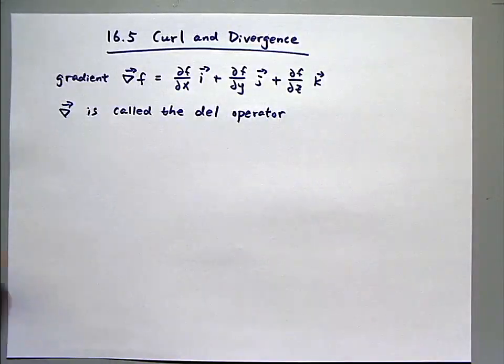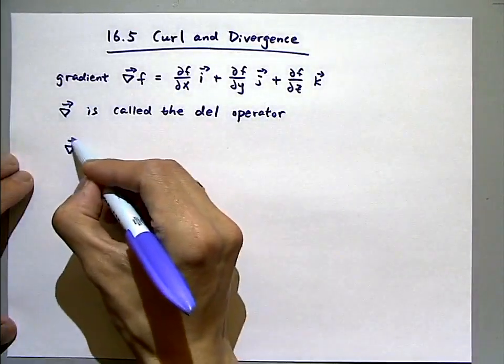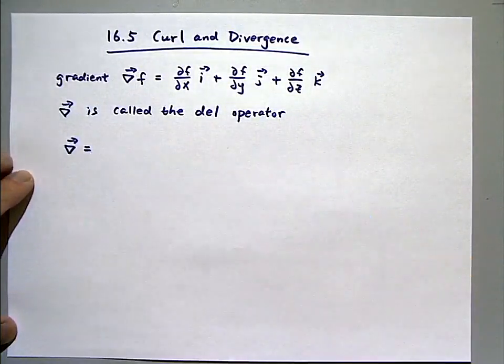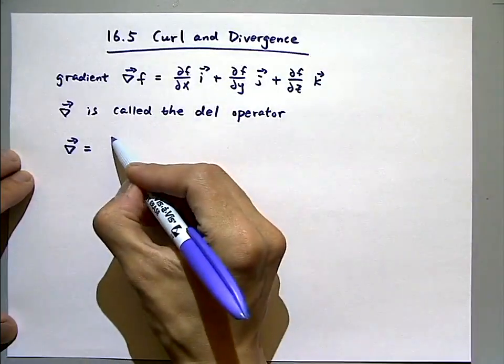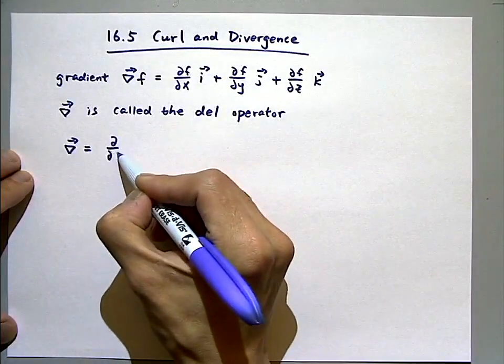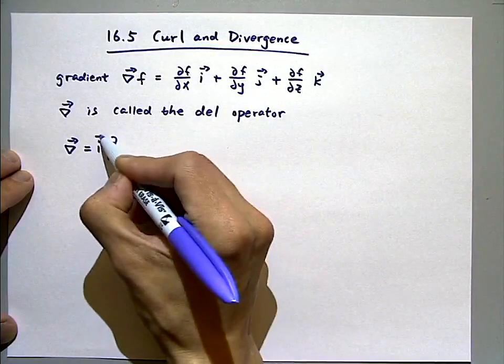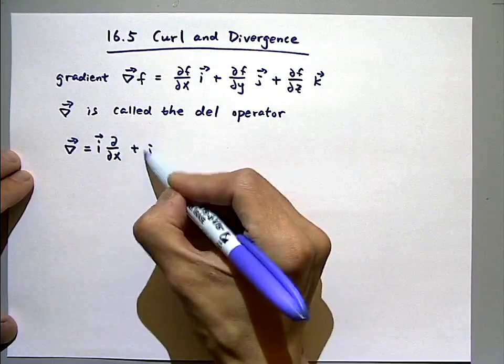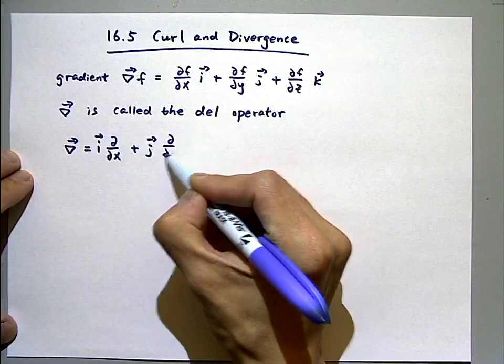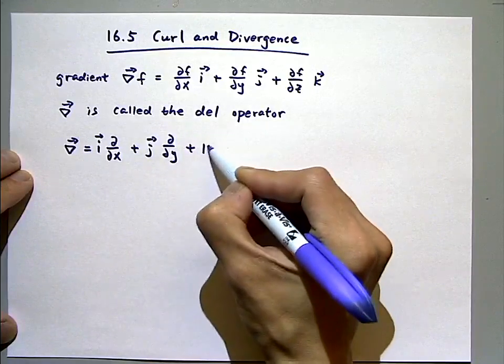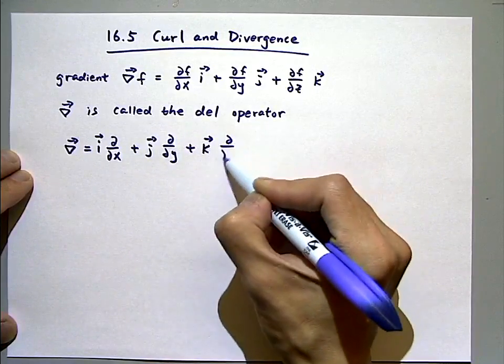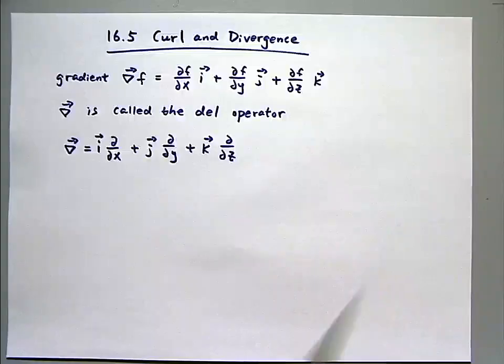And what it really is, the del operator is a vector-like quantity, but it's not a vector. So it looks like this. I'll write it down first and we'll talk about it a little bit. Okay, so that's what the del operator looks like.